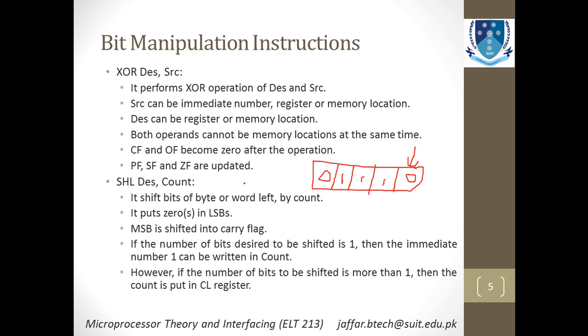You can just apply the shift command, and you can give the command and the count, that is how much shifting you want. So you see that to manipulate this 0, I can only shift this 1 at this location, so I need only one count. So I will apply SHL destination and 1. It will automatically shift this 1 to the left.